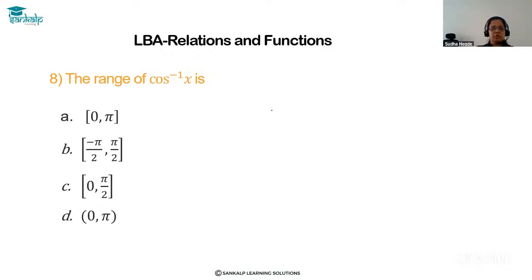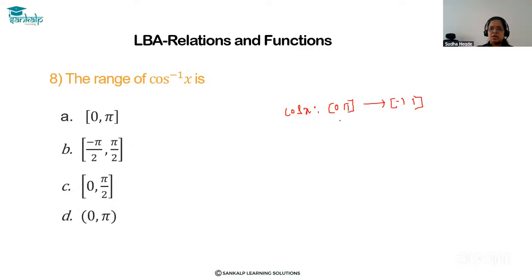Hi everyone. The question is, the range of cos inverse x is. In PU1 we have defined cos x from where to where? Cos x is from 0 to pi, closed interval, to -1 to 1. Since it is one-one and onto, the codomain is the same as the range, correct?